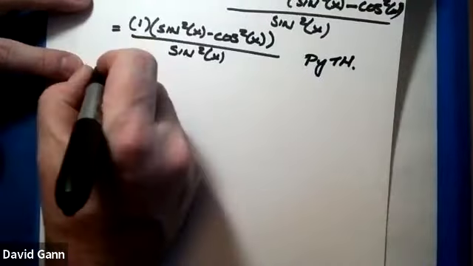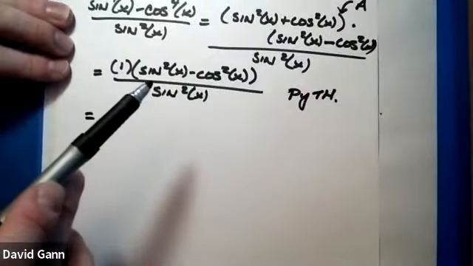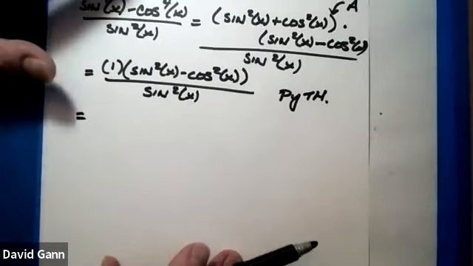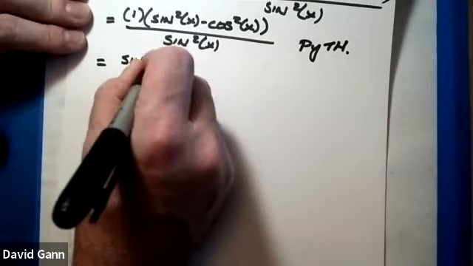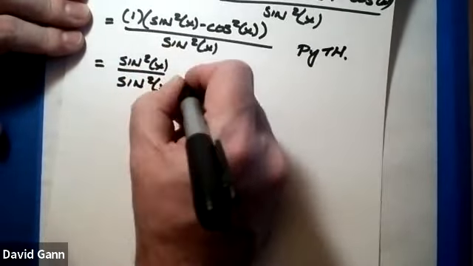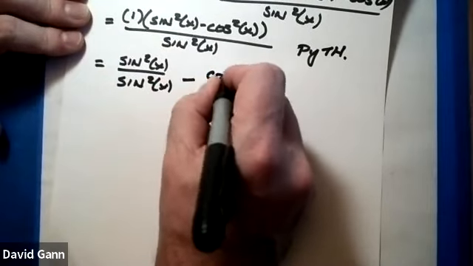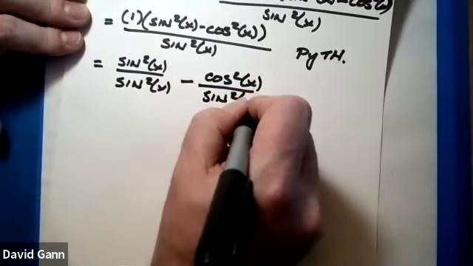Next, notice that the target has two terms. And so it might make sense to try to break this up into two terms. So we end up with the first term is sine squared of x over sine squared of x minus cosine squared of x over sine squared of x.